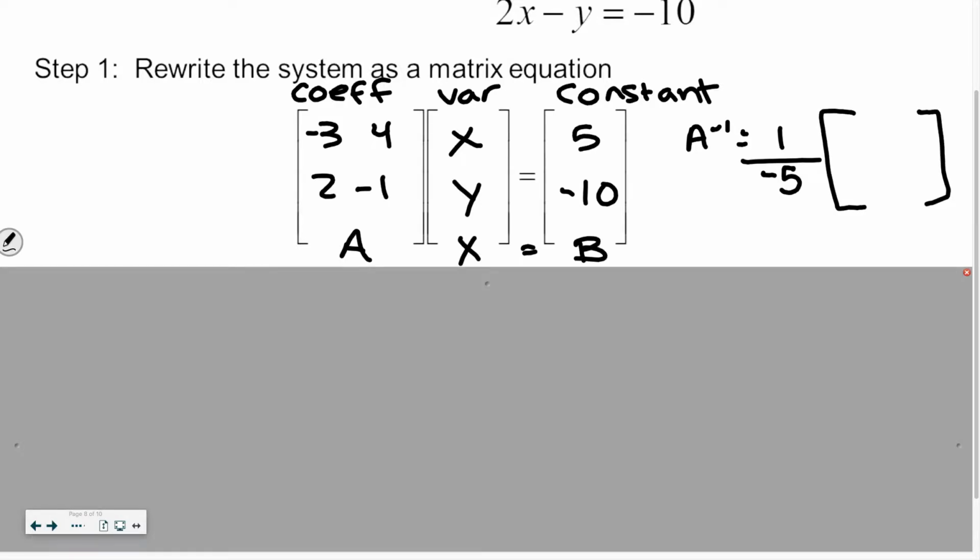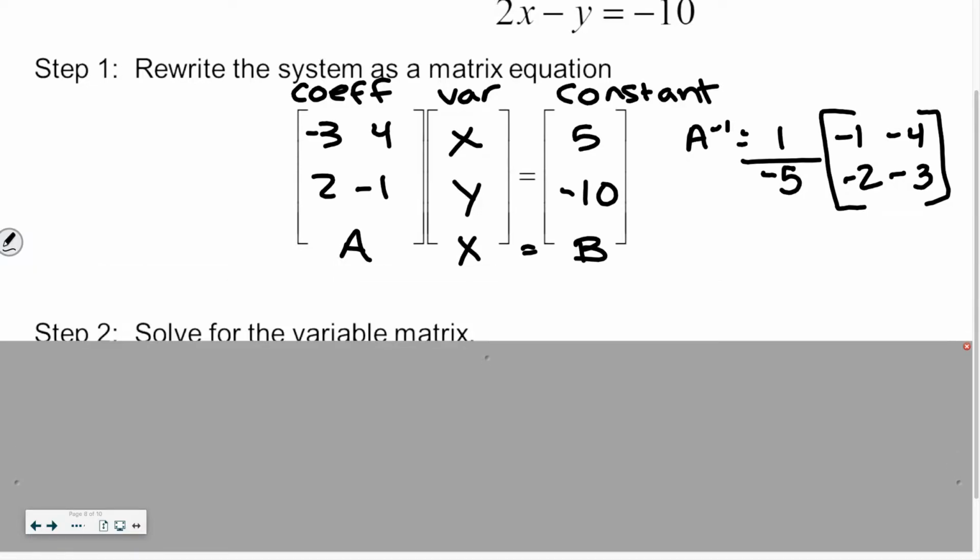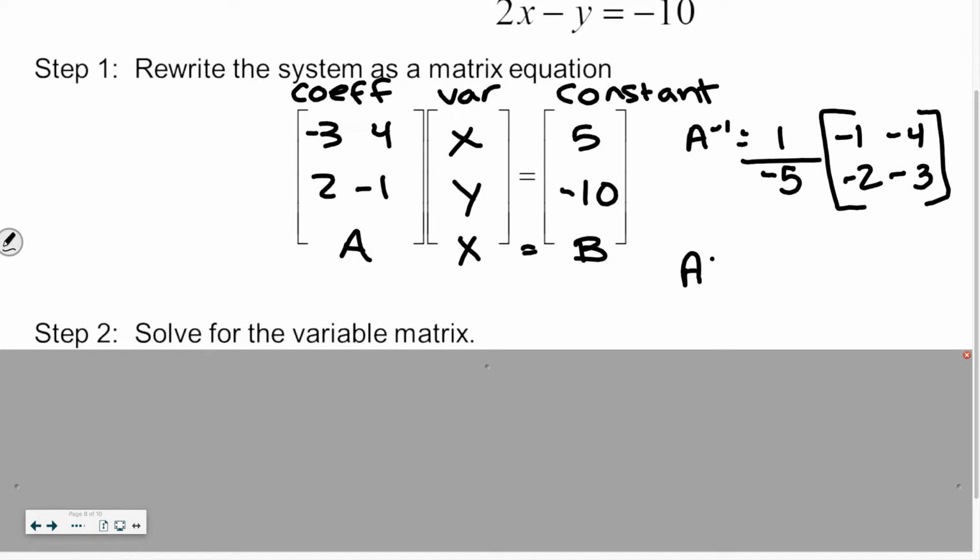In that 2 by 2 matrix, switch the values on the first diagonal, change the signs on the other. And then because my scalar is negative and all my entries are negative, when I distribute, they're all going to turn into positives. So A inverse is 1/5, 4/5, 2/5, 3/5.